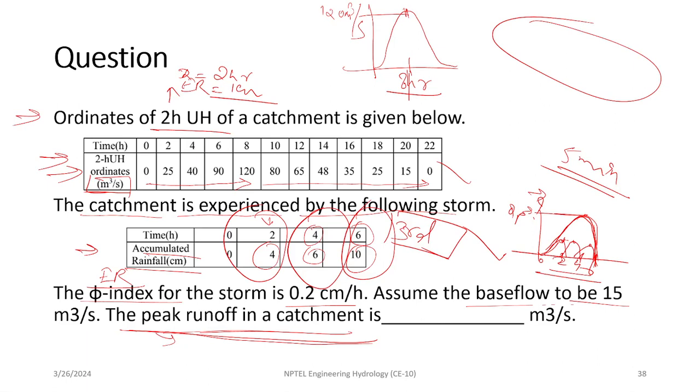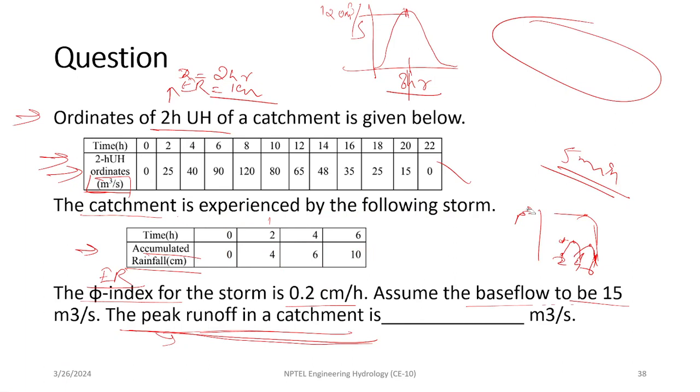So ER will be generated after subtracting the phi index, that is, the infiltration. We first have to determine how much infiltrated, and then subtract that from the incremental rainfall, and only then will we get the effective rainfall. So we have to compute the ER for every storm, like for this 2 to 4 which is given, then 4 to 6, then 6 to 10. Now tell me what the ER value would be for all the cases, then only can we approach. Now we can follow that process.